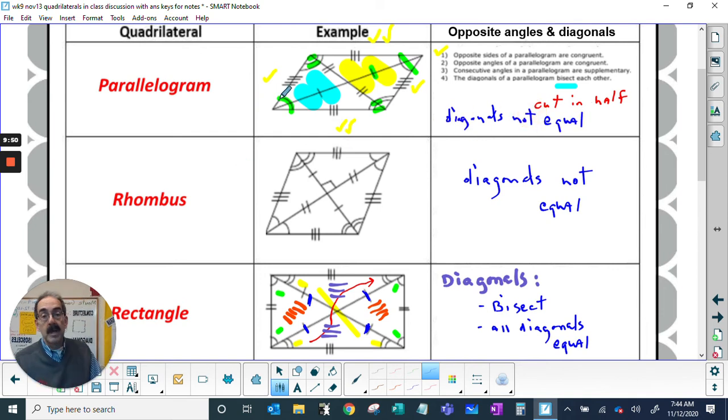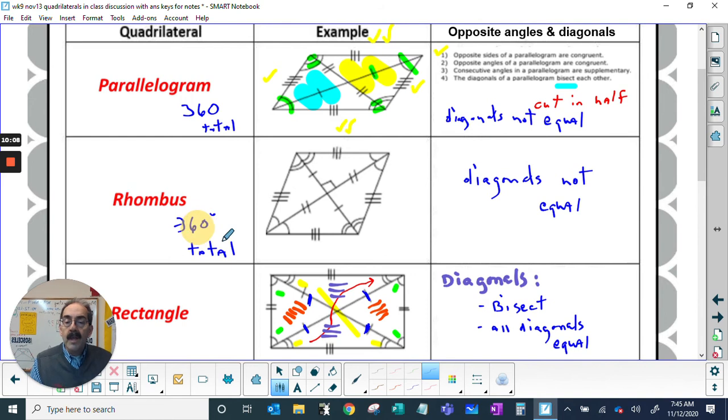Notice, opposite angles are equal, opposite angles are equal, opposite angles are equal, opposite angles are equal, 360 degrees total, 360 degrees total.